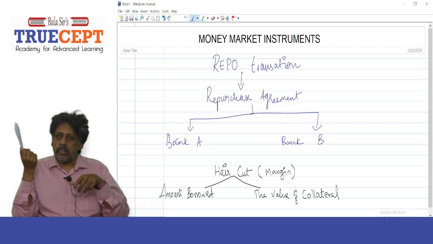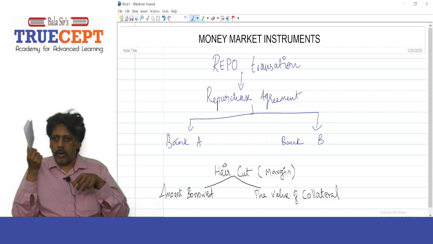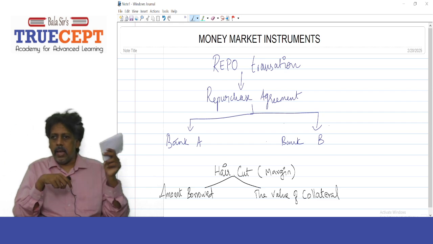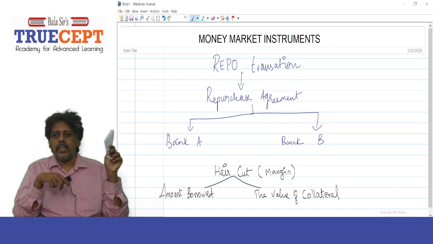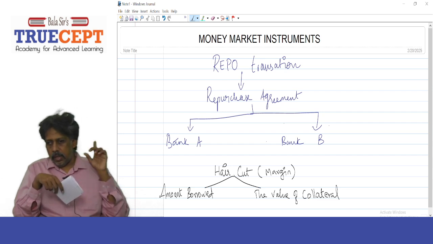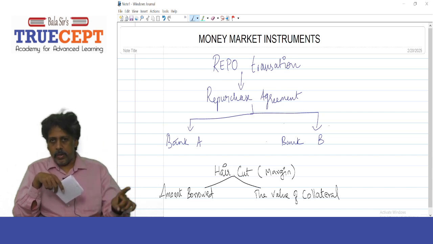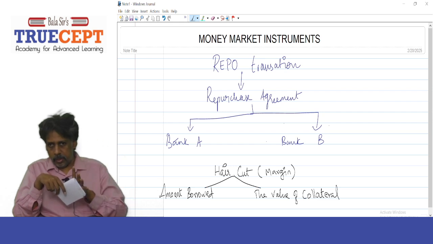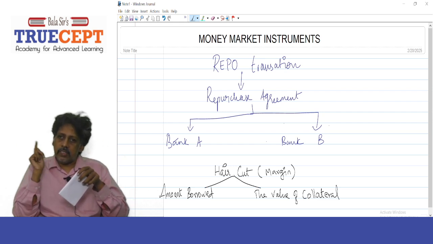Even though the investments are worth rupees 1 lakh, banker B will not give rupees 1 lakh, he will give only 98,000 after reducing 2%.